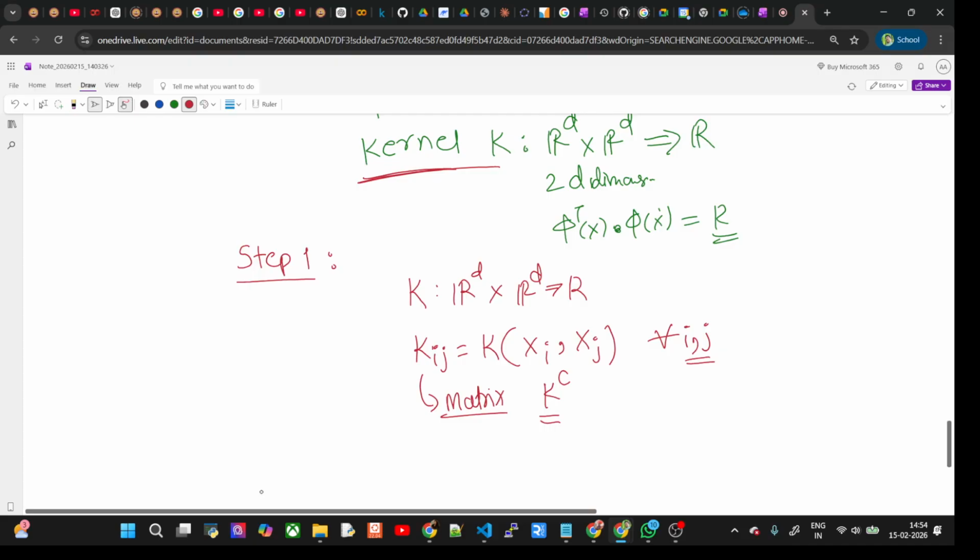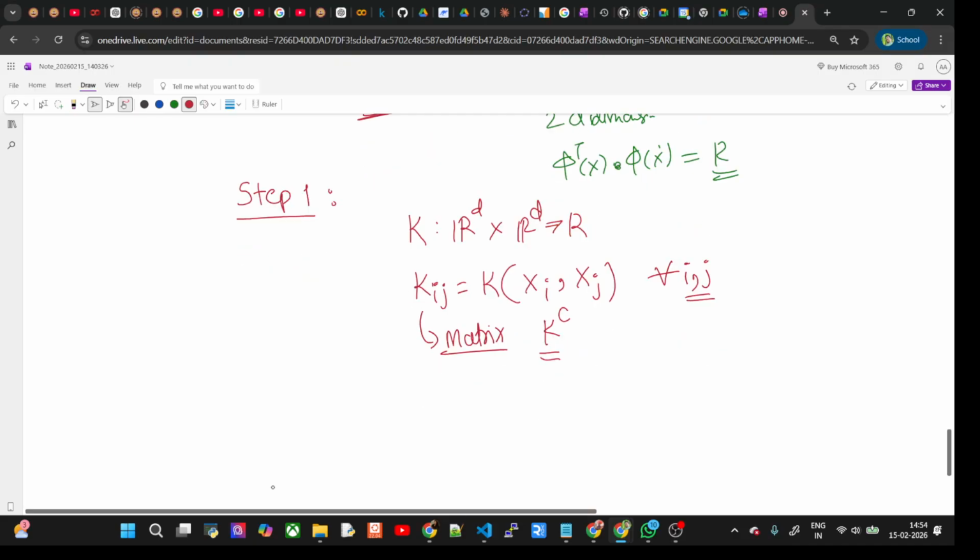And what is the next step, what do we need to do? Once you get the input data, we calculate the mean of the data and then center the data, x minus mu, as we were doing in normal PCA. But here we are doing the centering operation differently.